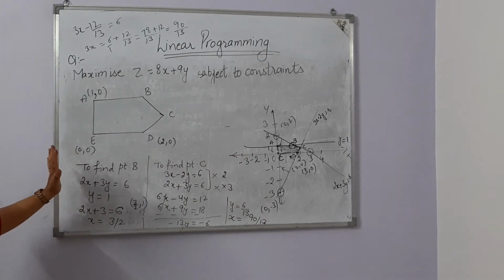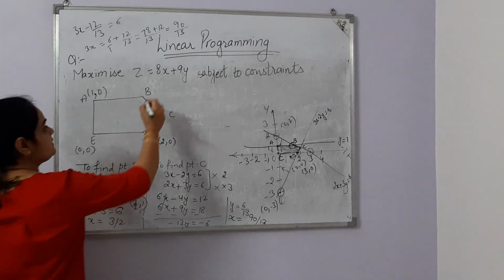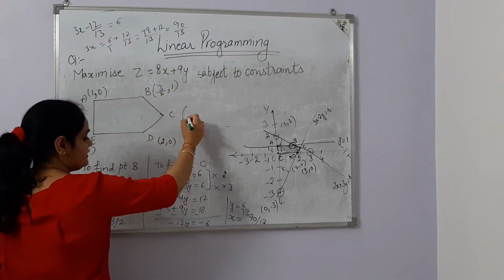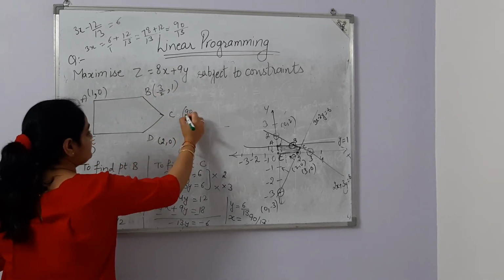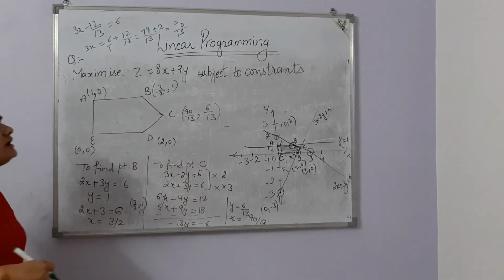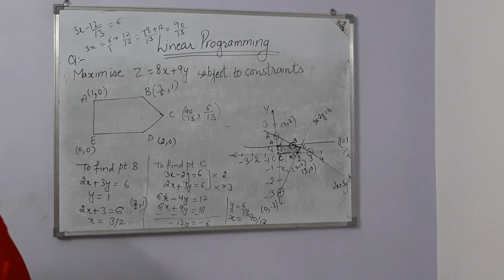Now we have all the points. B is (3/2, 1) and C is (90/13, 6/13).